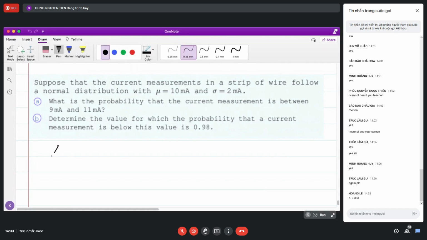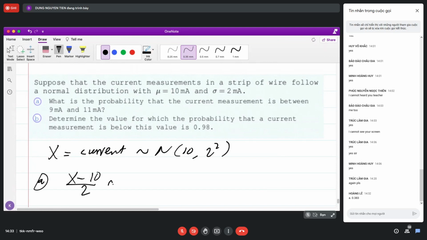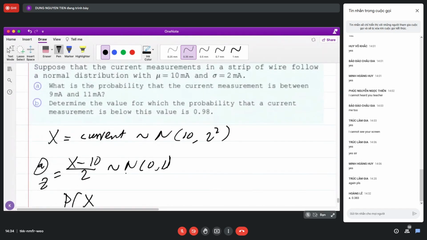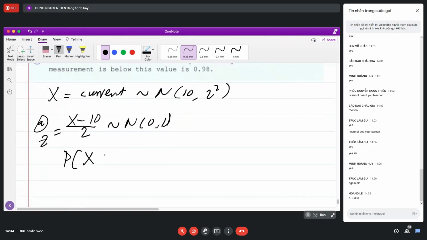Here we assume that X is the current. Then X follows a normal distribution with mean 10 and variance 2 squared. Then we can say that (X minus 10) over 2 follows the standard normal distribution, which I call Z. I want to find the probability that X is between 9 and 11.